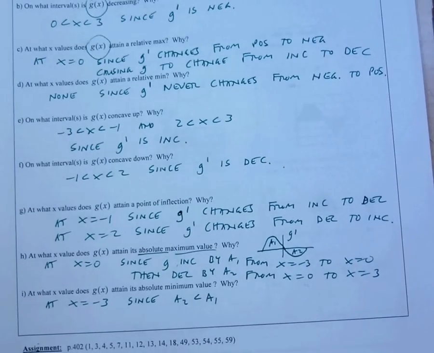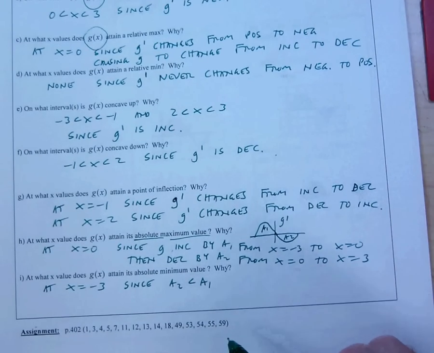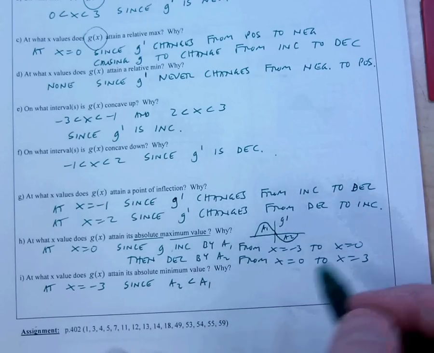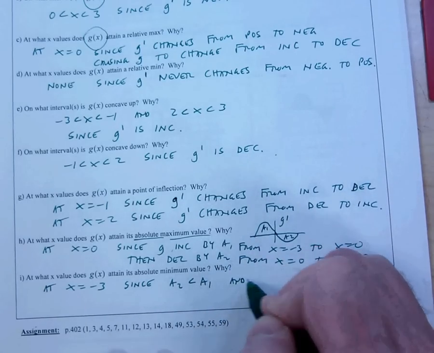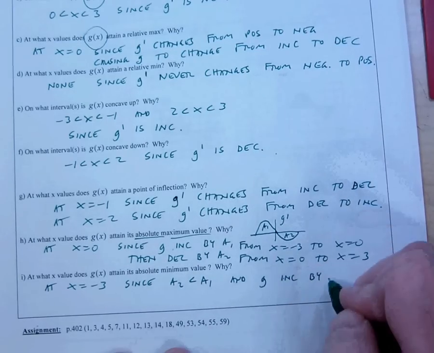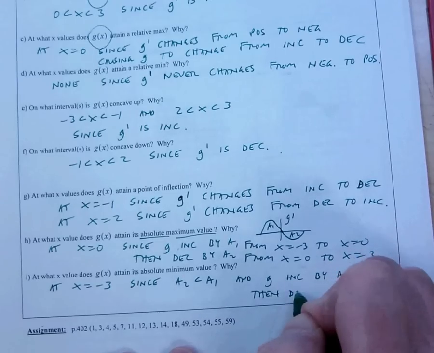Since area 2 is greater or less than area 1, and G increases by area 1, then decreases by area 2.